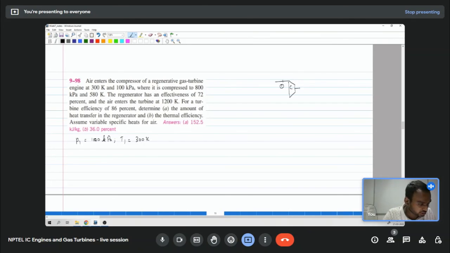Then there is a regenerator, and after that we have the combustion chamber, and then we have the turbine.